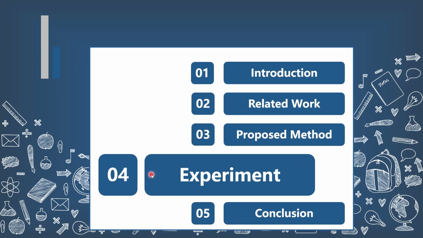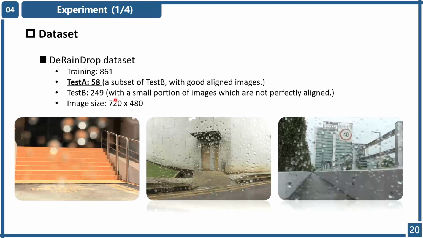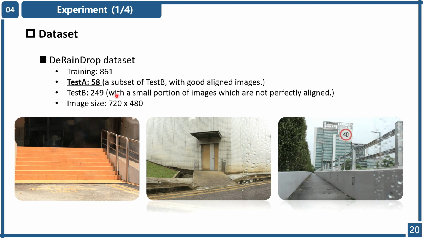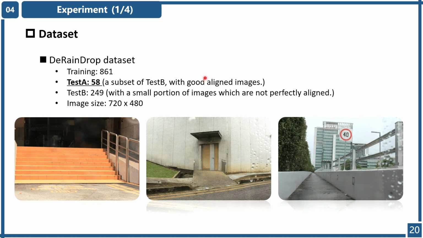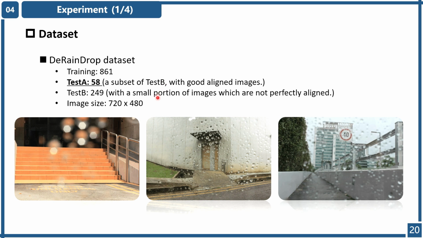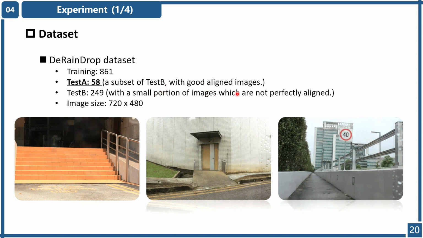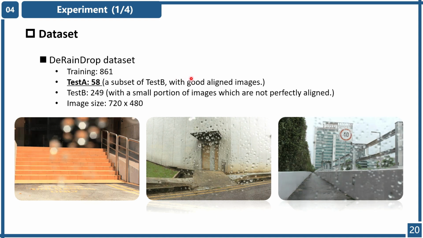Now we are going to the experiments we conducted to validate our proposed CMF architecture. In our experiments, we trained CMFNet using the Deraindrop dataset, which contains 861 training samples. We then evaluated the model's performance on a test set A consisting of well-aligned images.